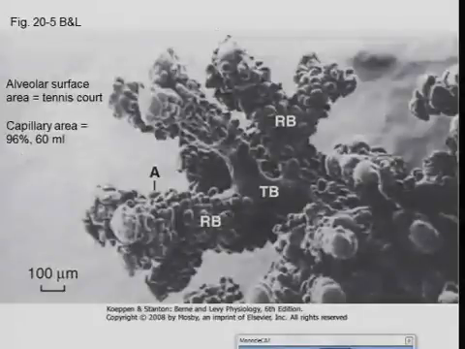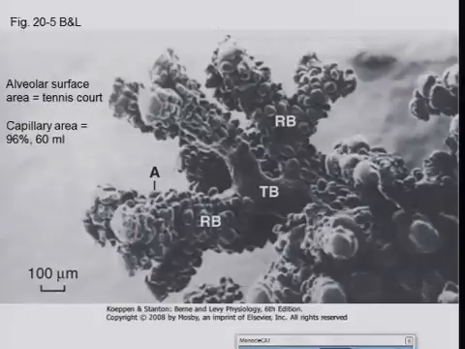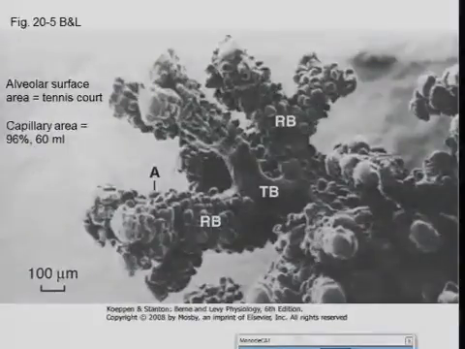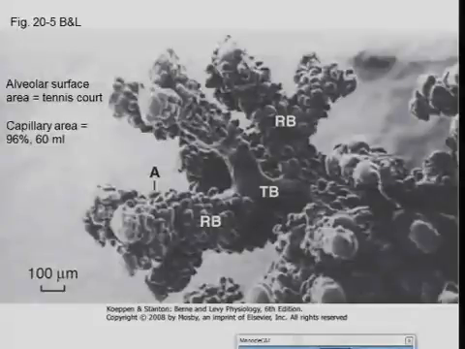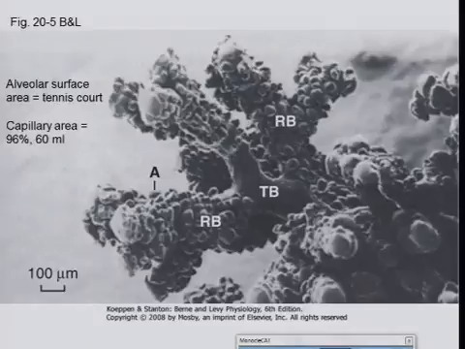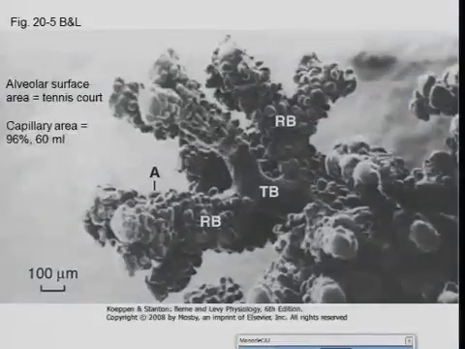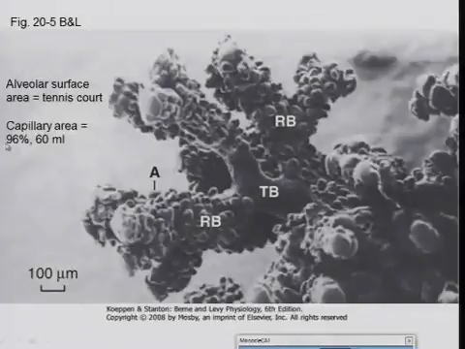So we have an air surface the size of a tennis court, but we also have a blood volume relationship with that air surface that covers about 96% of it. So that huge surface is in close proximity to the vasculature, so we can facilitate gas exchange, and that just demonstrates the size of that area.